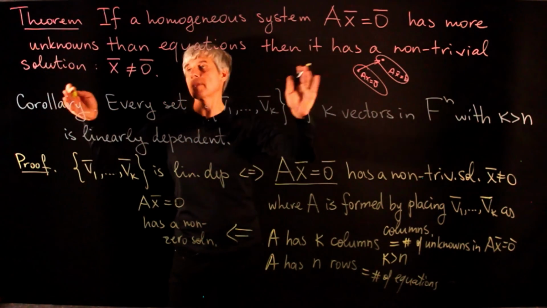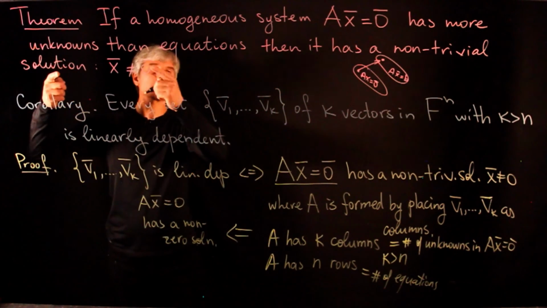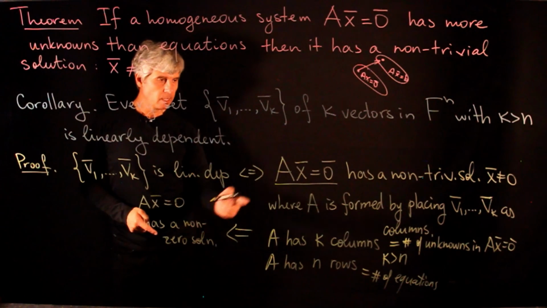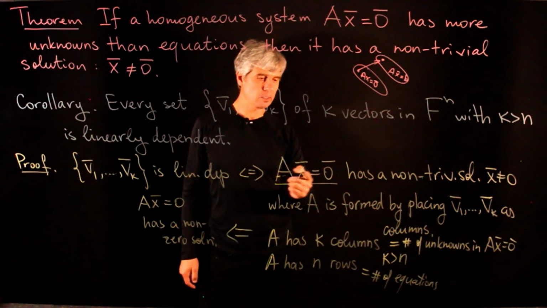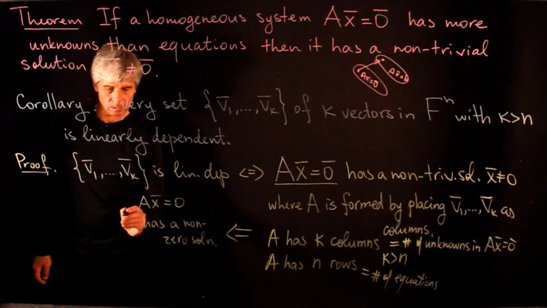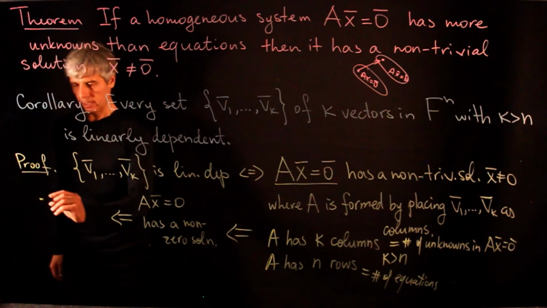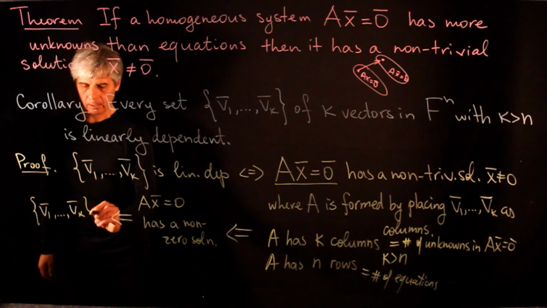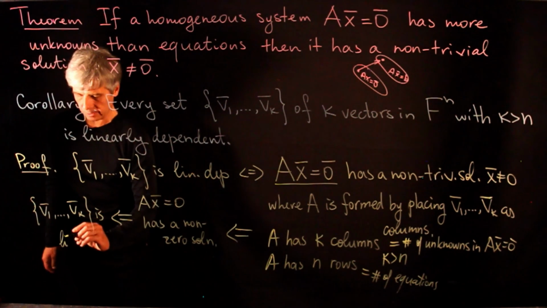So this is exactly what this theorem says. If we have more unknowns than equations, then we have a non-zero solution. But what we said here is that if we have a non-zero solution, then this implies that this set v1 through vk is linearly dependent.